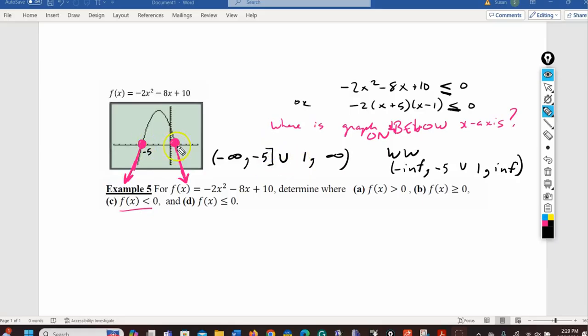Then there's a gap. I pick it up again at 1 and I include 1. And then measuring, well, this is going to keep going like that forever. We have that. So you'd use a square bracket. So the symbol is very important. If it has equality in there, then you include whatever's on the x-axis.